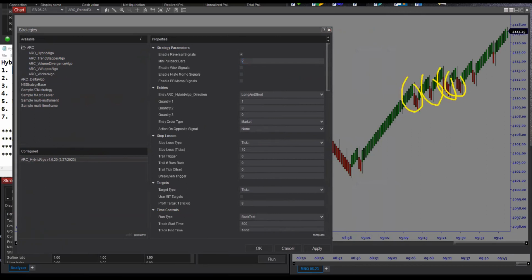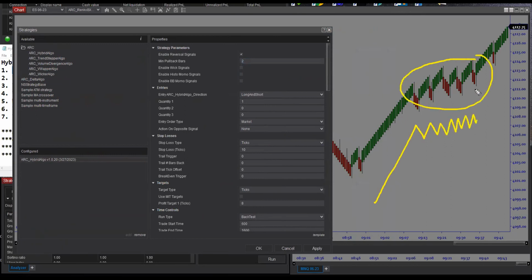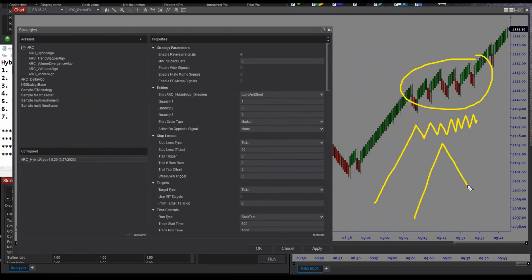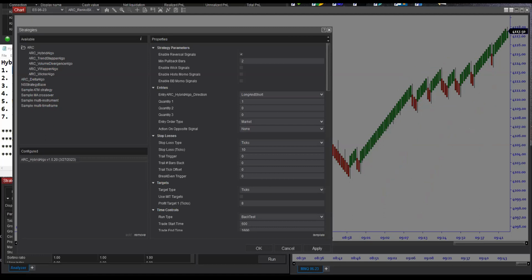To me, it's not really a big pullback, right? You get a run, you get a little blip. This is all in a big time frame. That's just consolidation. That's not a pullback. A run and then a retracement, that's a pullback to a reversal, right? So when I say I want to set it to 2 bars, I'd get a flip trade here and a flip trade there and a flip trade there, and it's not a good idea.